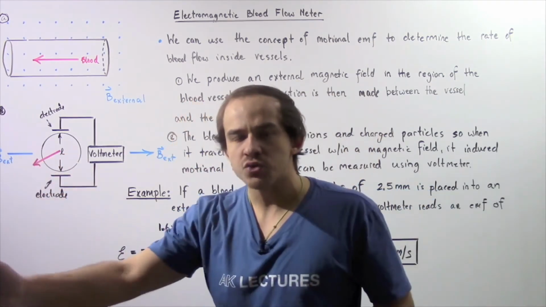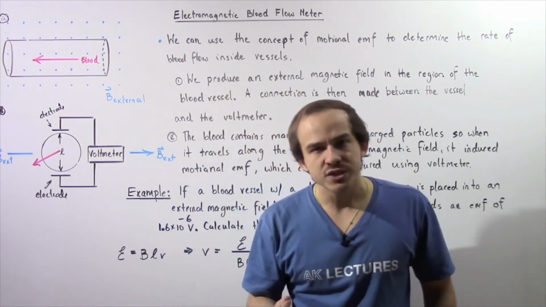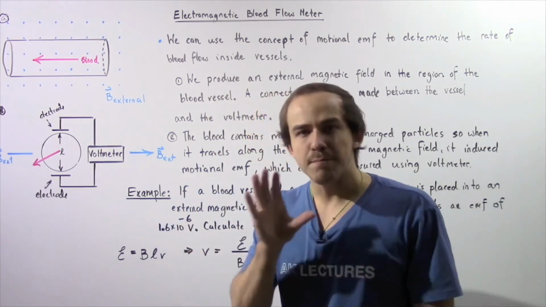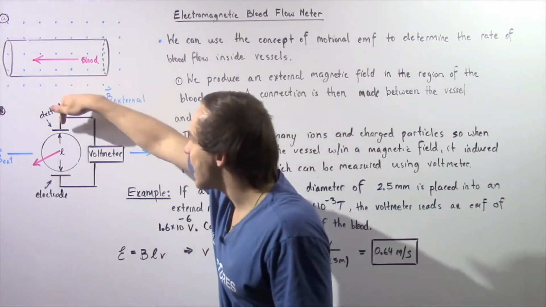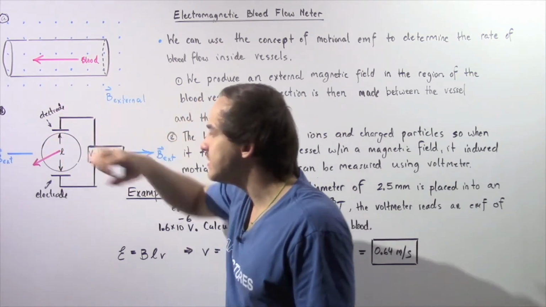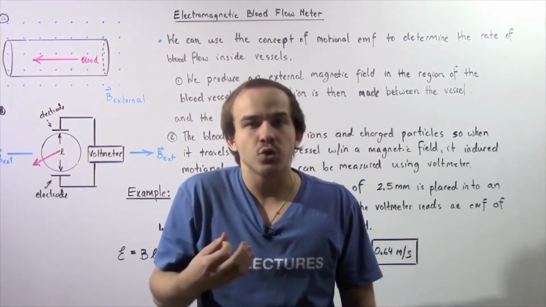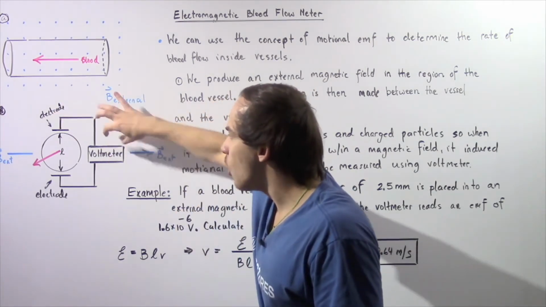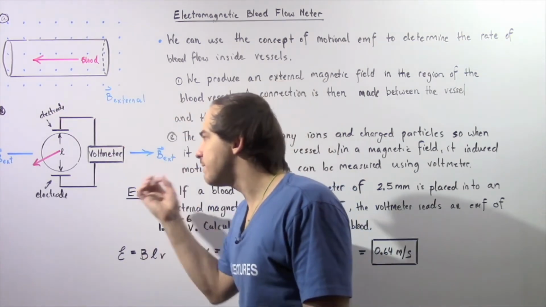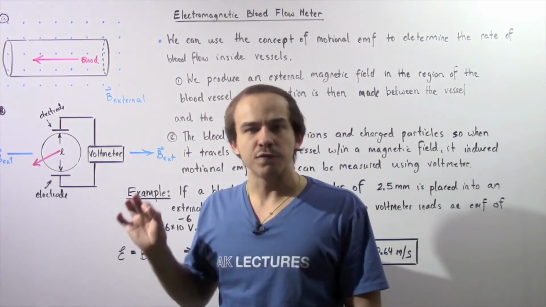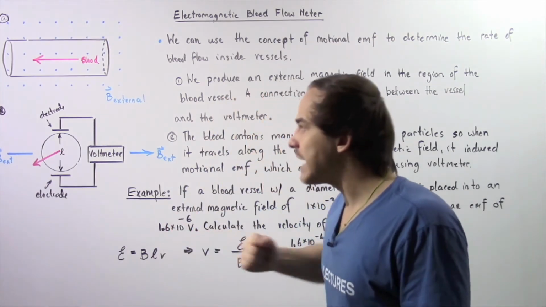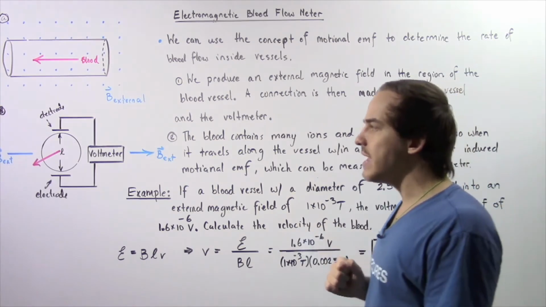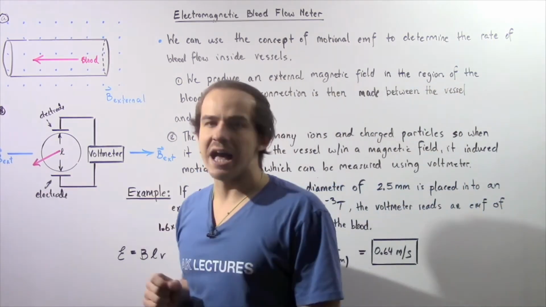When the blood flows, it induces a motional EMF inside our wire between these two electrodes, and that creates an induced electric current that flows through our voltmeter, and then we can use that voltmeter to measure our voltage.